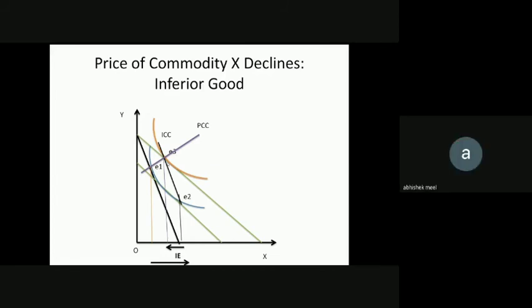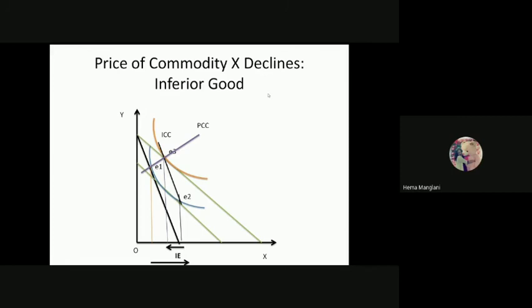But ma'am, if the income effect is greater than the substitution effect? We are not comparing income as a variable of the demand curve. The demand curve shows the relationship between prices and the consumption of commodity X. Here at the E3 point, the substitution effect is greater and the income effect is smaller.